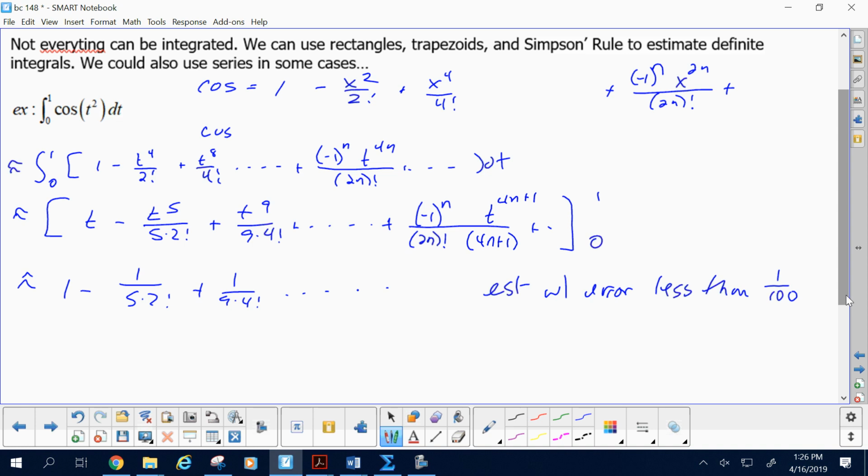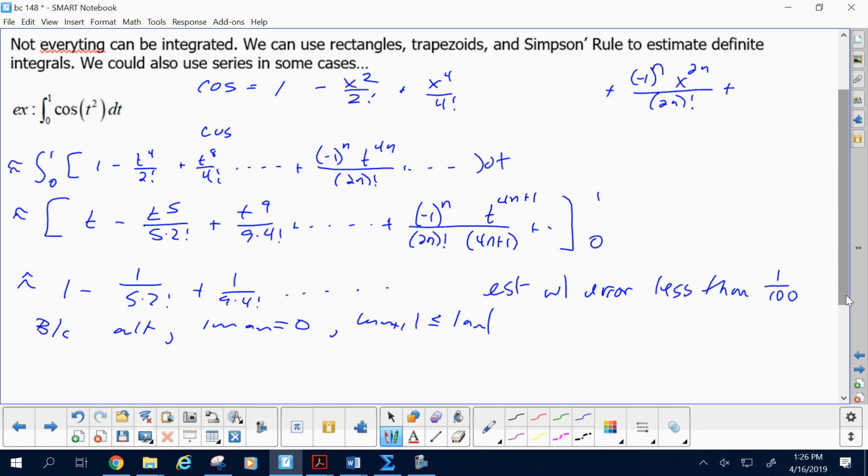It is alternating. Do terms decrease in absolute value to 0? They do. And so because it's alternating, terms go to 0 and decrease, it is the case that s minus s sub n would be less than the next term. So what is the first term you see that would be less than 100?